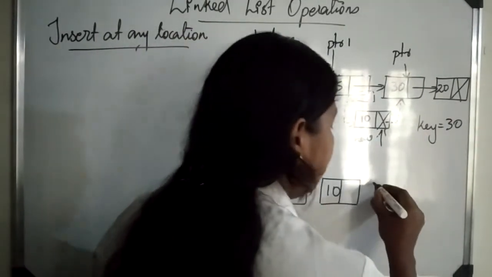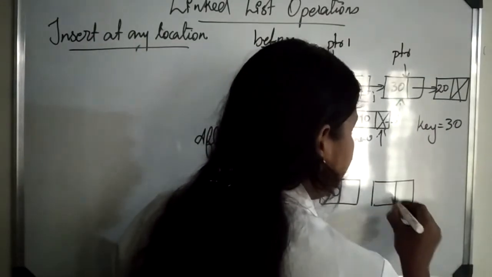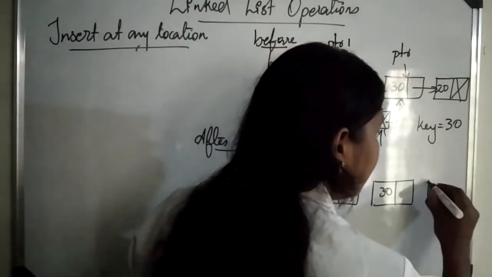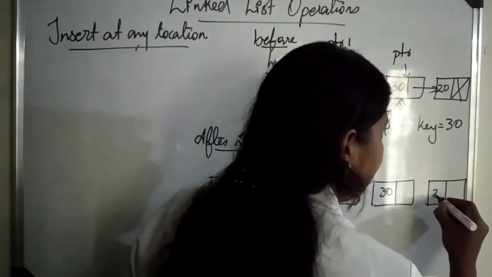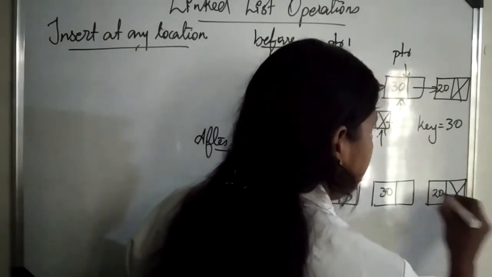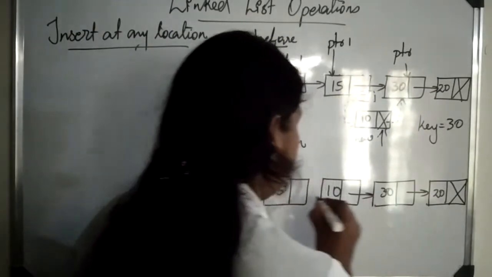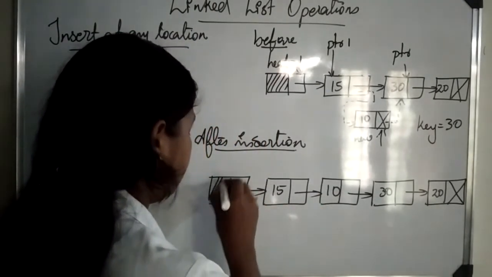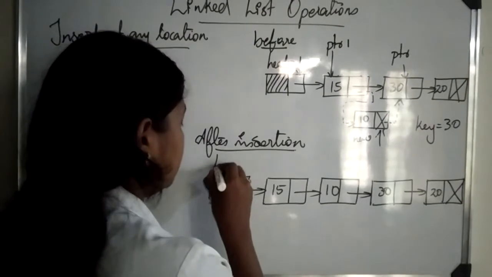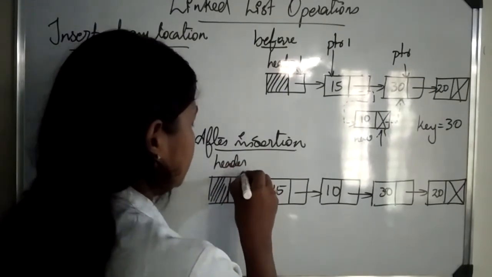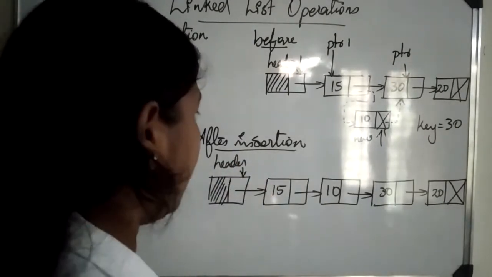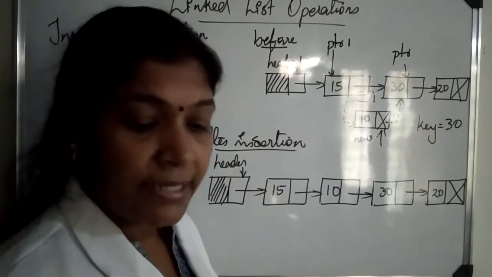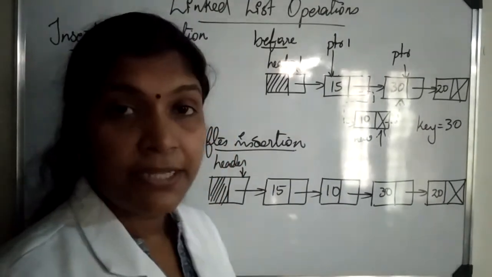Then next node with element 30. Then the last node with element 20. So this is our diagram after inserting the element at any location.